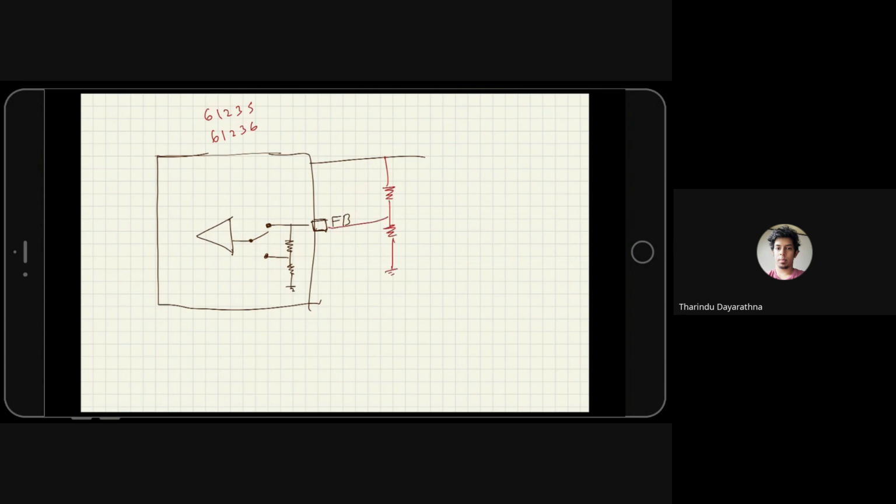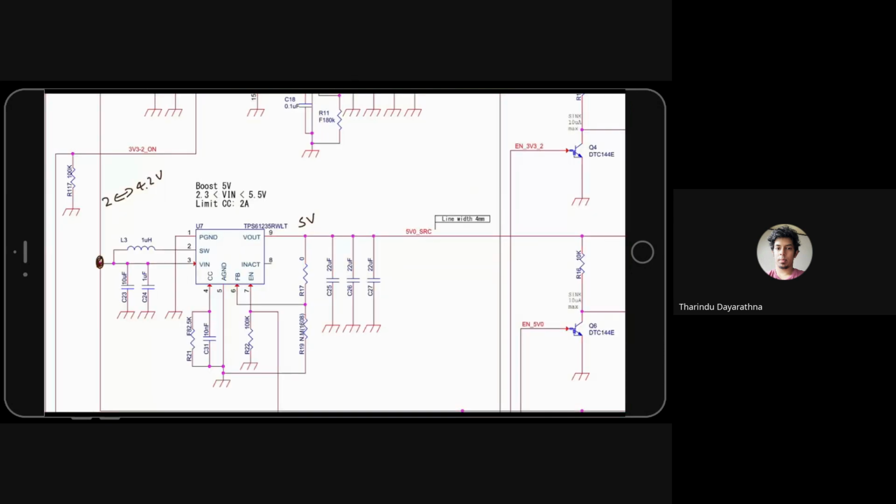The equation is with R1 and R2, for this TPS61236, V out is 1.244 times that. This is the equation. Just remember, in this chip you cannot control the output. If you want to control the output, use this one. That's the bottom line.